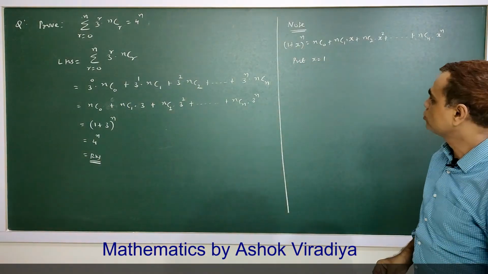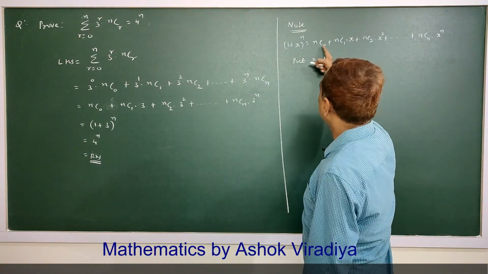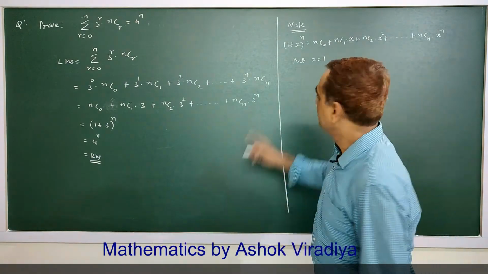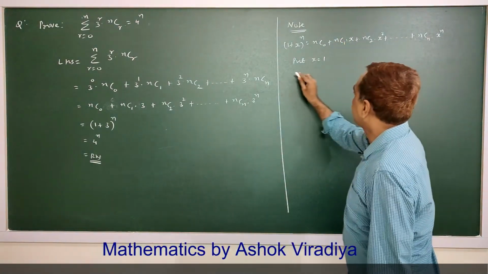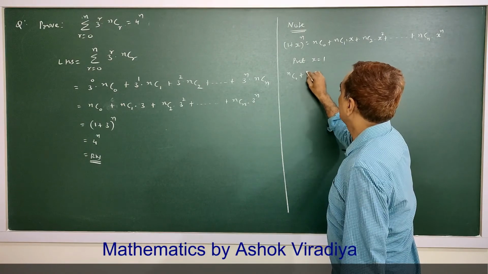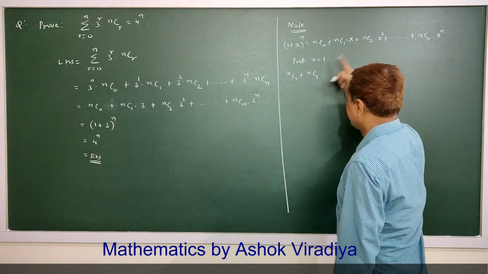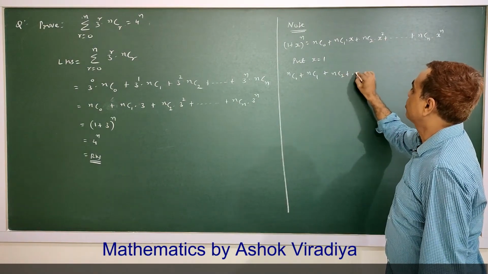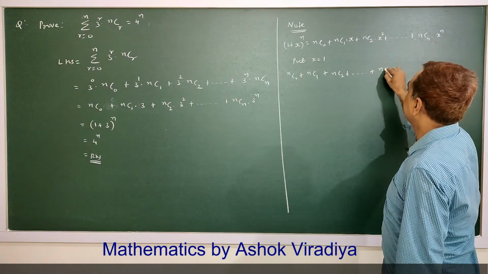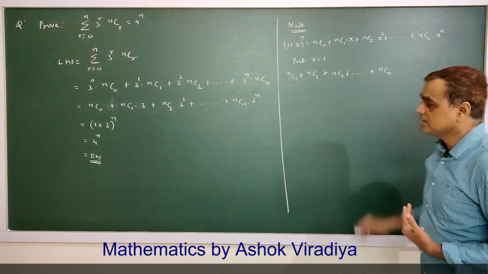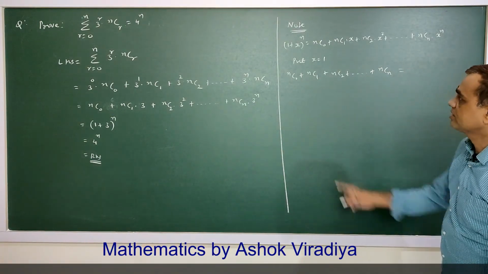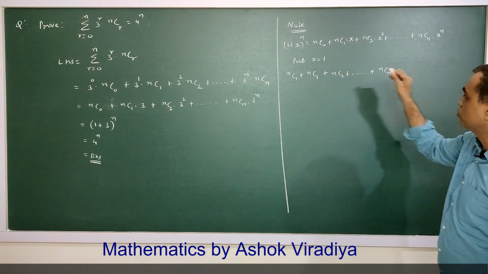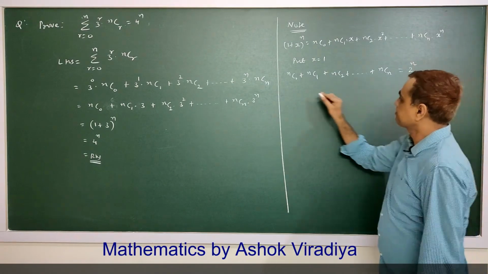So we are getting, first of all I am writing the right hand side. Putting x equal to 1 everywhere, right hand side will be nC0 plus nC1 into 1, that is nC1, plus nC2 into 1 square is nC2, up to nCn into 1 raised to n is 1. It is equal to, now put 1 here. So 1 plus 1 is 2, 2 raised to n.